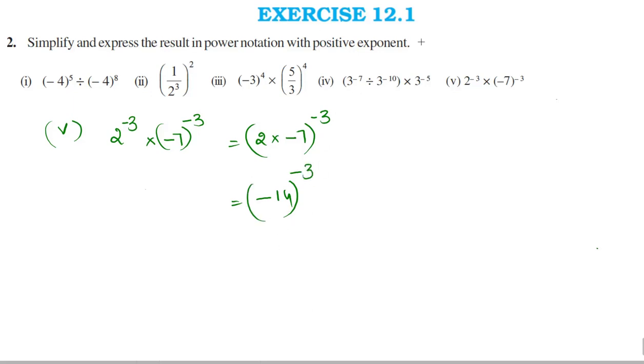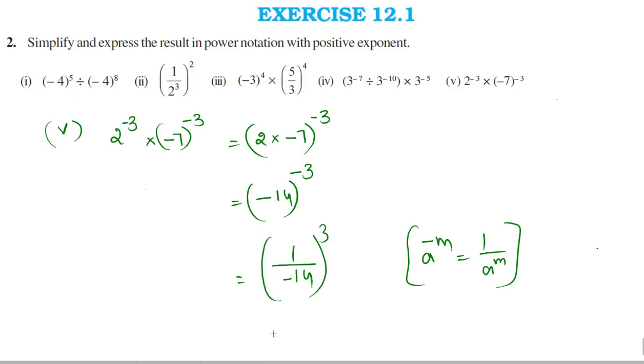We need to write with positive exponents. This is in the form of a to the power of minus m, and a to the power of minus m equals 1 by a to the power of m. So we can write this as 1 by minus 14 whole to the power of 3, or we can write this as minus 1 by 14 whole cube. This is the final answer.